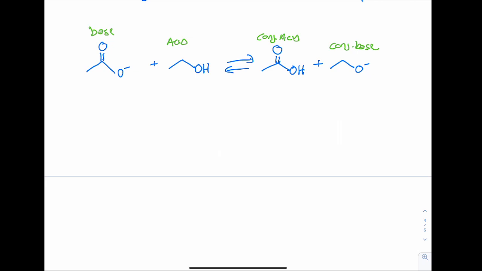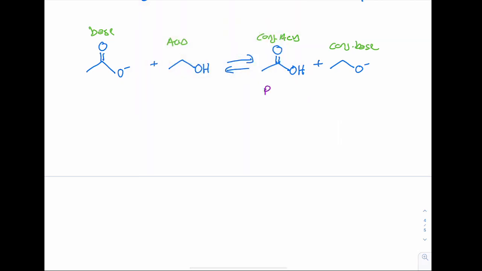We're just comparing the reactant side to the product side. If I compare this one to this one, as I went to products, it gained a proton. If I compare this one to this one, as I went from reactants to products, it lost a proton. It was donated. And then some pKa values.